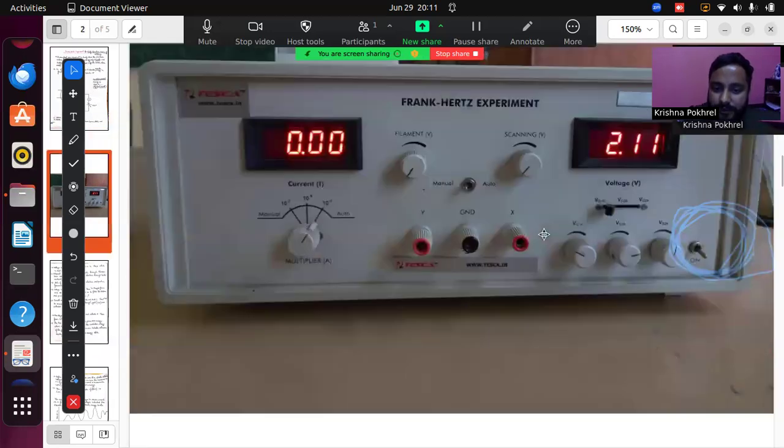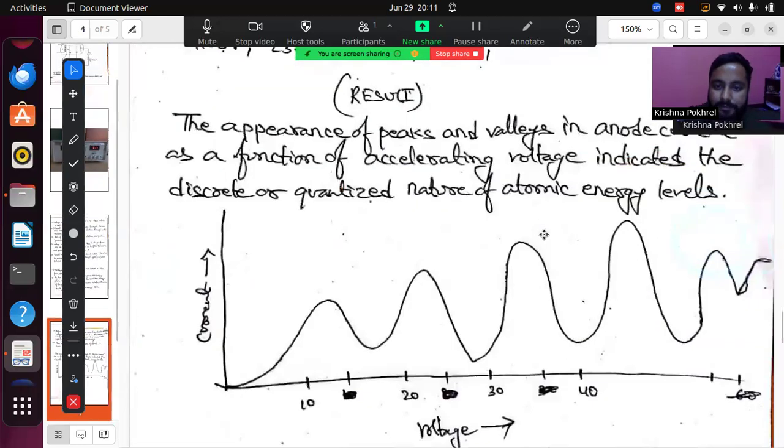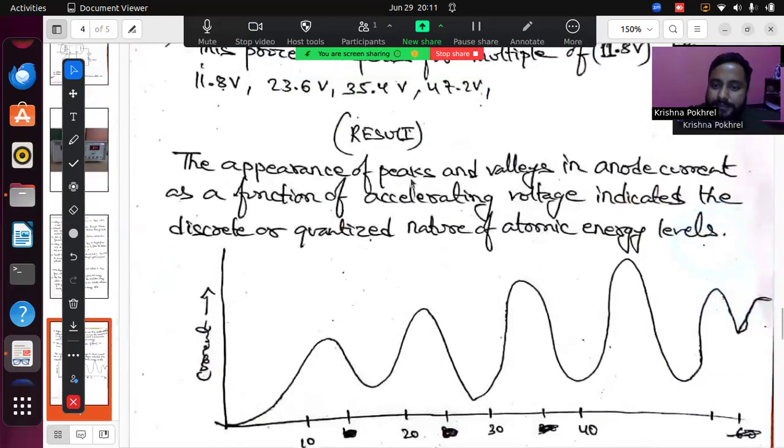This current has several different peaks at several different voltages, the appearance of peaks and valleys in anode current as a function of accelerating voltage. This indicates the discrete or quantized nature of atomic energy levels.